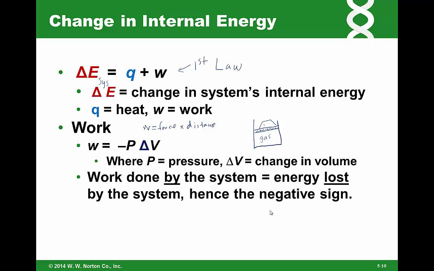So this is some sort of mass. This mass is exerting a force due to gravity downwards on this piston. So we say that it's creating a pressure, due to this mass pushing down.